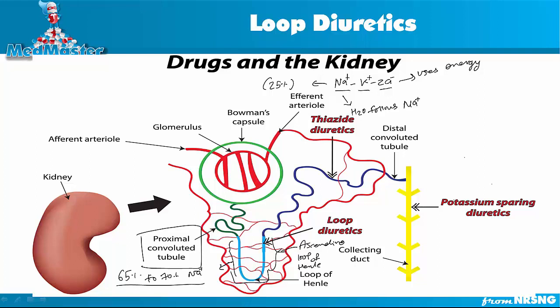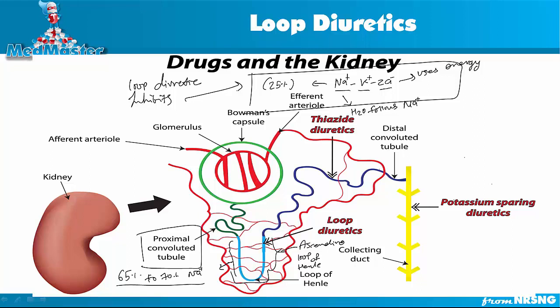Now the loop diuretic inhibits the whole pump. It inhibits this whole reabsorption process. When the sodium doesn't get reabsorbed, potassium doesn't get reabsorbed, and chloride doesn't get reabsorbed, water is not going to get reabsorbed as well.